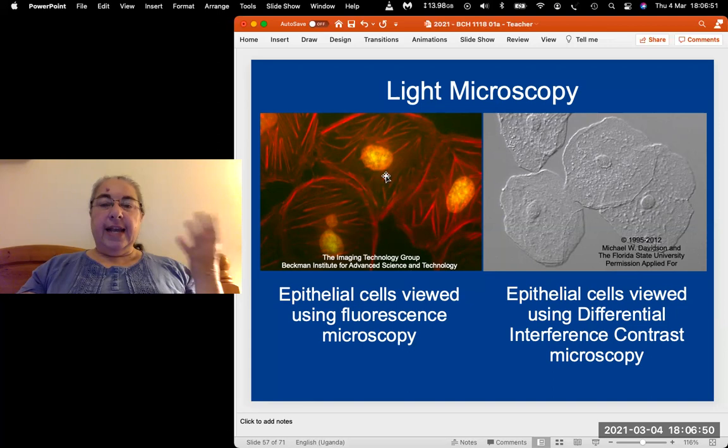These light emitting stains can be attached to antibodies which bind specifically to different structures inside the cell. Here you can see the nucleus showing in yellowy orange and the outer membrane of the cell and structures inside the cell shown in red.